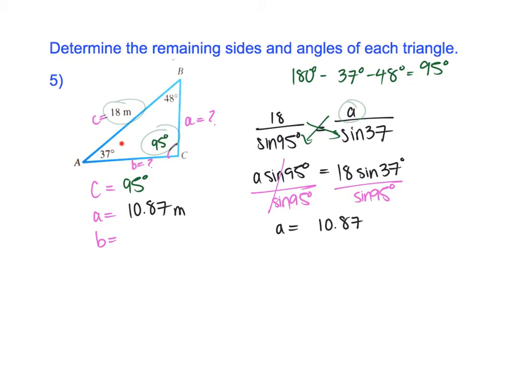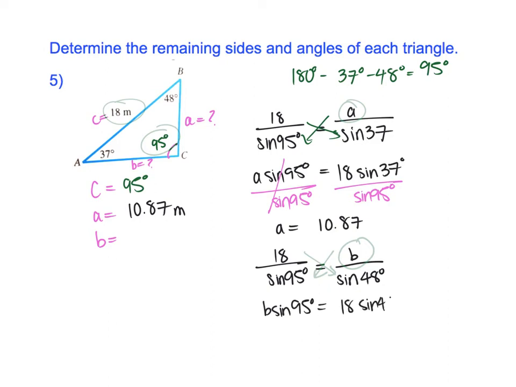So here's the nice part. Because I already found the angle for C and the side length for C, I can just reuse this piece, the equivalence of C itself. So I'm going to do 18 over sine of 95 again. But this time, I'm going to set this equal to little b over sine of its angle, which was 48 degrees, and solve for b. I'm going to cross multiply. This gives me b sine of 95 degrees equals 18 sine of 48 degrees.